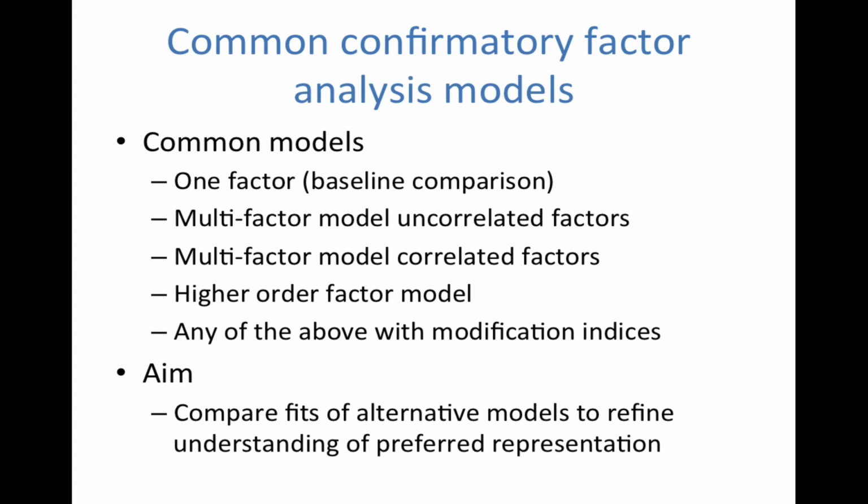Or you could say, two items share a lot in common, they're almost identically worded items, so I'll allow their residuals to correlate, and that might capture some of the features in the data. By comparing these different models, you can gradually refine a better representation of a test, and perhaps more generally, the constructs of interest.